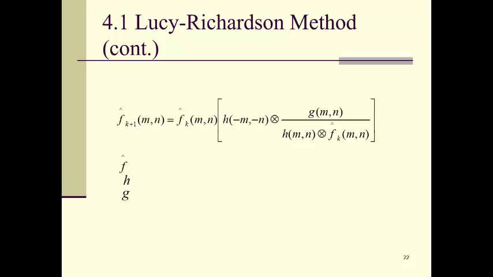If the difference between them is very small, this means that the solution has converged to a certain value that I can use. But if the difference between f k and f k plus 1 is still big, this means that I need to iterate again. So I will use f k plus 1, substitute it here to get f k plus 2, and get the difference between f k plus 2 and f k plus 1, and so on. I will continue making this kind of iteration until I find the difference between the f k's that is less than a certain threshold. In this case, I can say that my algorithm has converged to this solution.